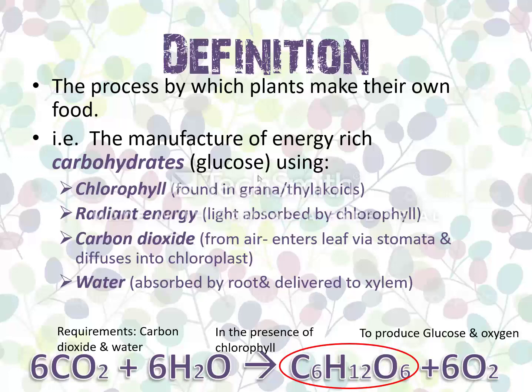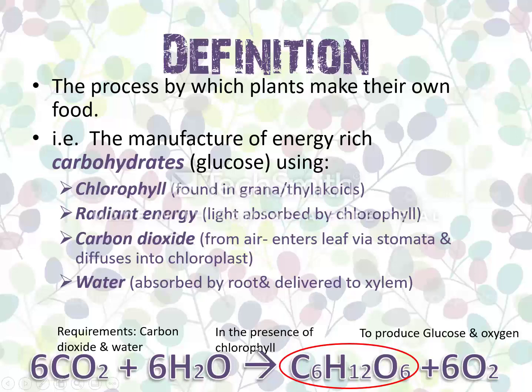If you have a look at your formula here at the bottom. You learned the formula in grade 8 already, and you learned it as carbon dioxide plus water gives me glucose and oxygen. All right. The additional thing that this formula is telling you in words here is that it requires carbon dioxide and water to make glucose and oxygen, but it will only happen in the presence of chlorophyll.